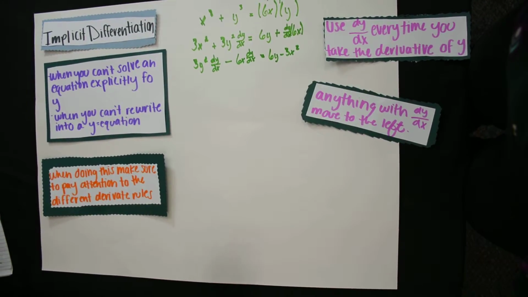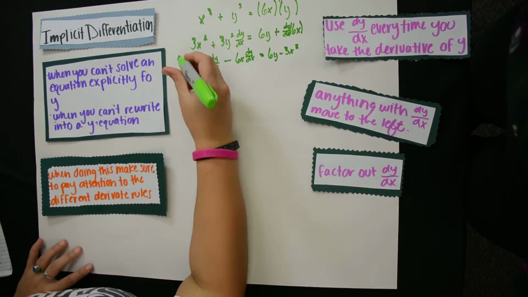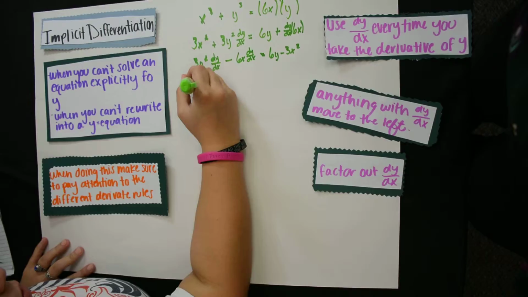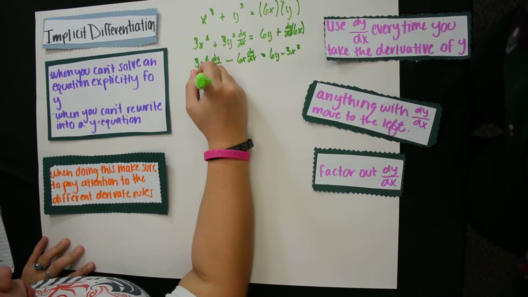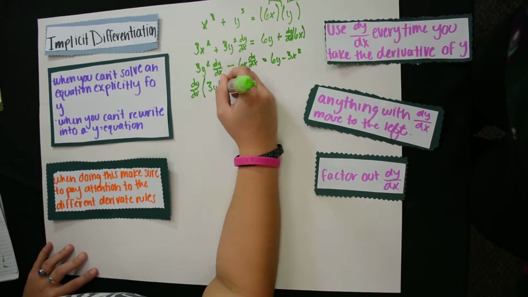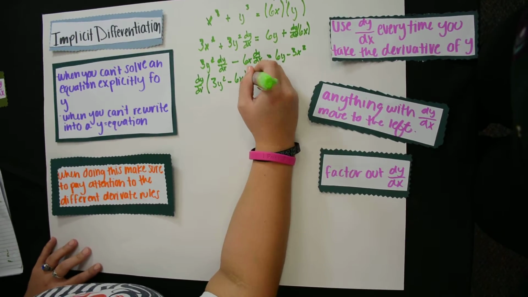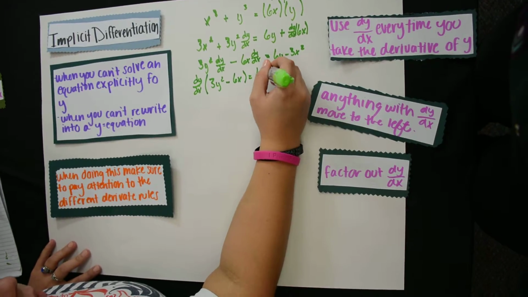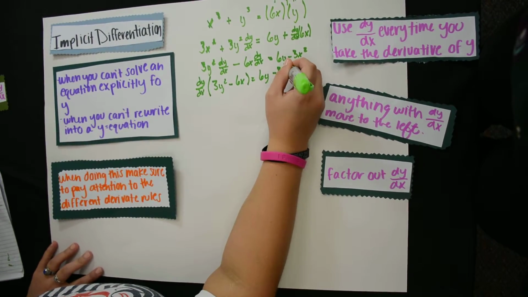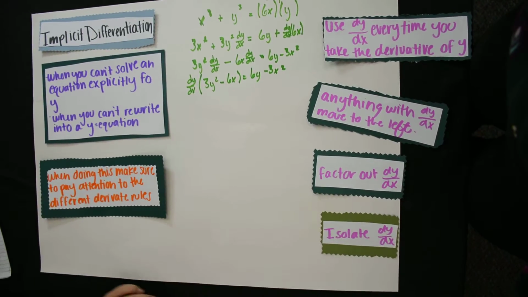Okay, now we're going to factor out our dy/dx. And that's just going to make it 3y squared minus 6x equals 6y minus 3x squared. Now we have to isolate the dy/dx.